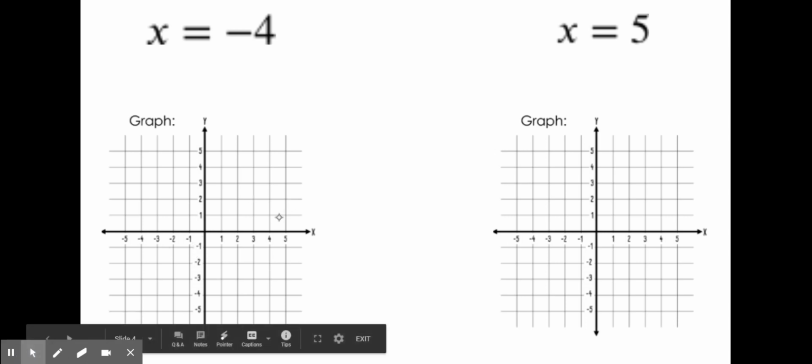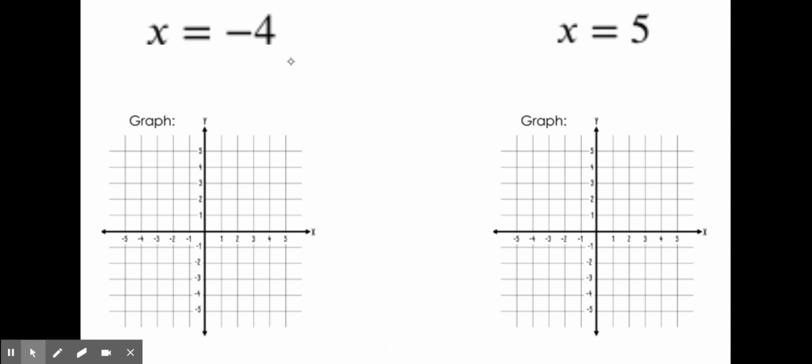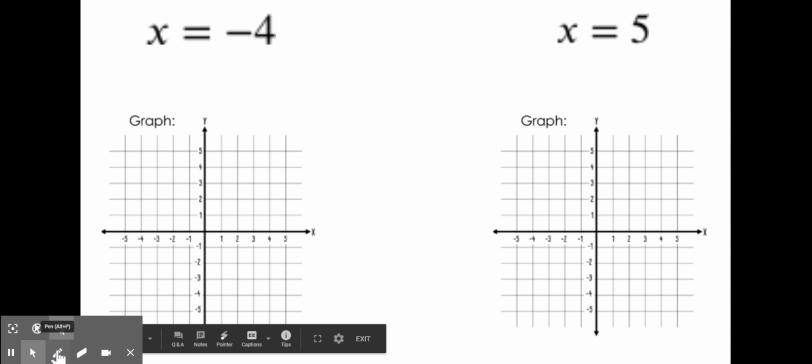Let's do a couple of practice problems. If you want to try these two on your own, you can, or you can listen along and do it with me. All right, so x equals -4. So if it's x equals a number, that's a vertical line. X is always -4 on this line. So I go to -4 on the x-axis.